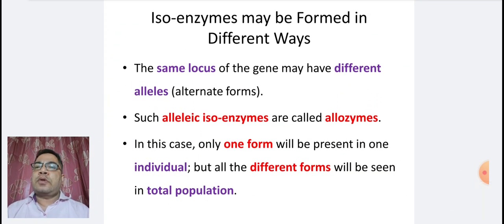The same locus of the gene may have different alleles, that is, alternate forms. Such allelic isoenzymes are called allozymes. In this case, only one form will be present in one individual, but all the different forms will be seen in the total population.